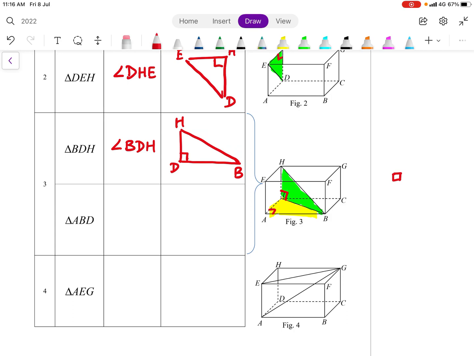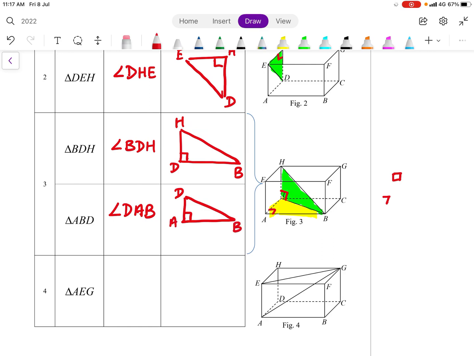It may be slanted, like what you see on a diagram. So for ABD, the right angle is at A, in particular angle DAB. Draw the yellow triangle out.